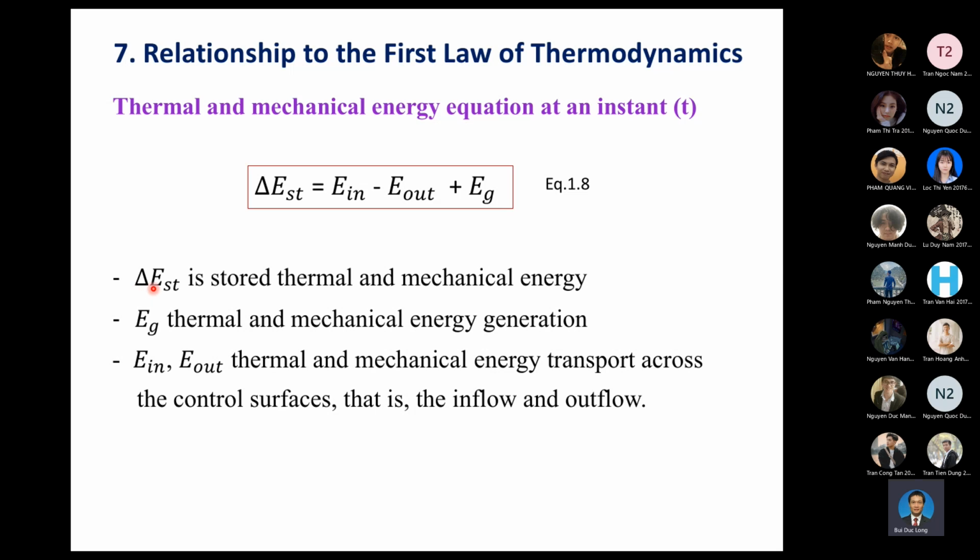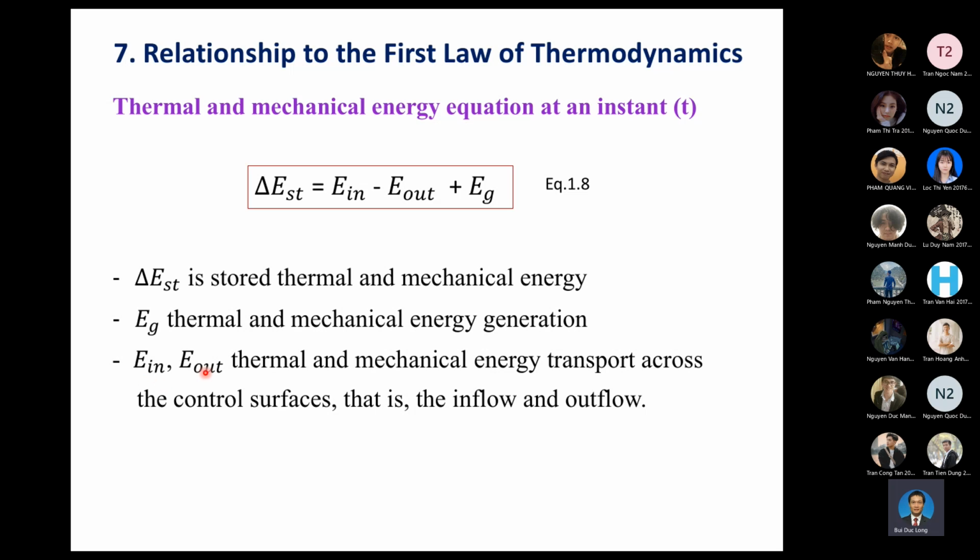This is the energy stored, and the energy here can be thermal energy or mechanical energy, stored in the system. E generated is the thermal and mechanical energy generation inside the system.